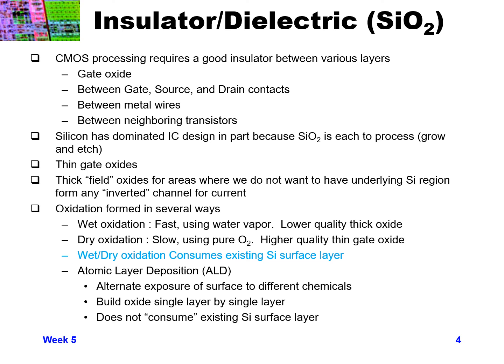You can use it for thick field oxides in areas underneath regions where we don't want any transistors formed. We don't want to form an inverted channel underneath areas between transistors when we have metal wires or polysilicon running over those areas. And so having a good dielectric is very important.